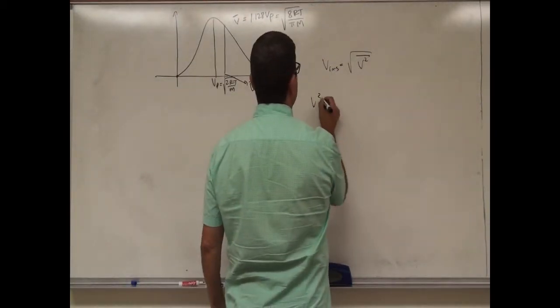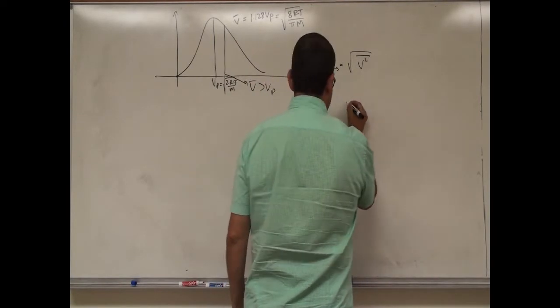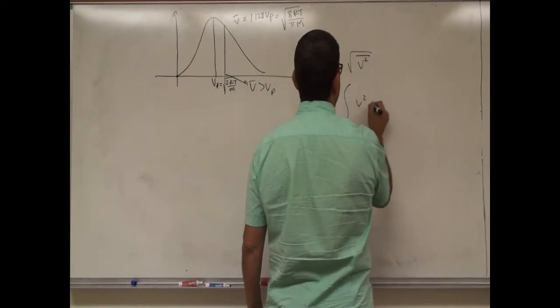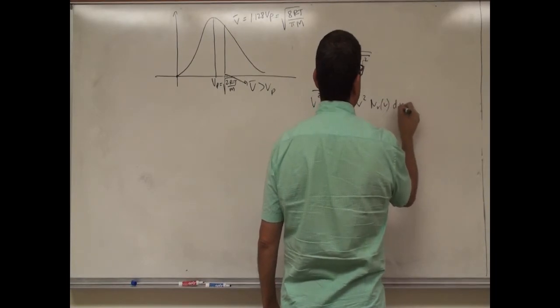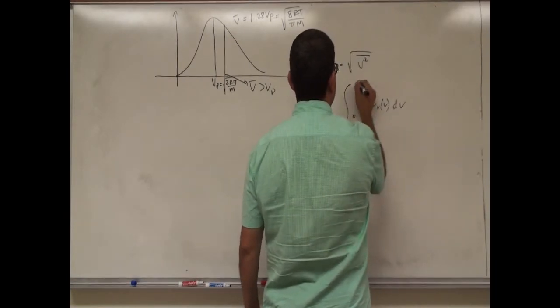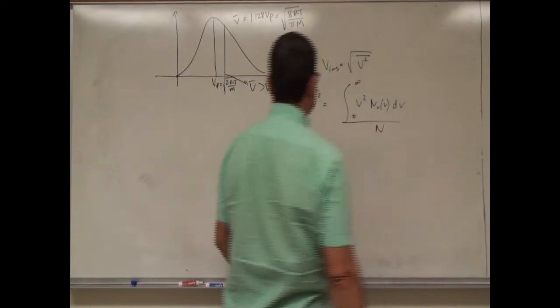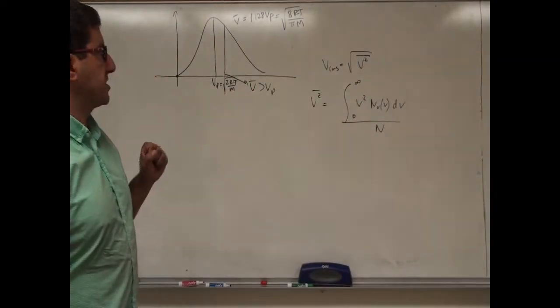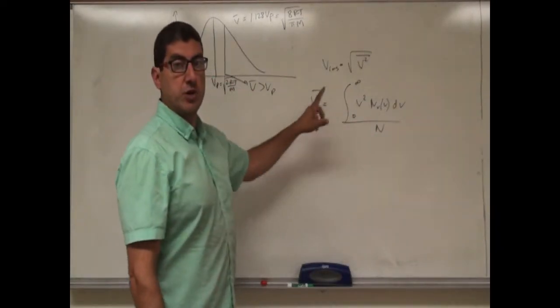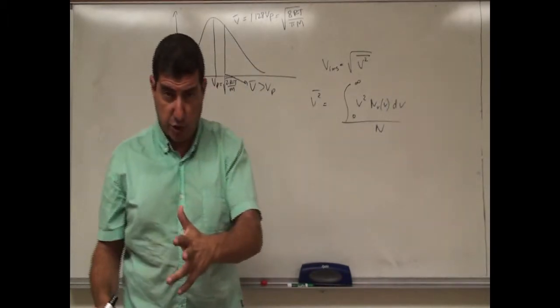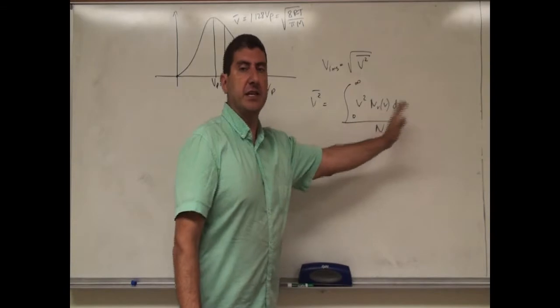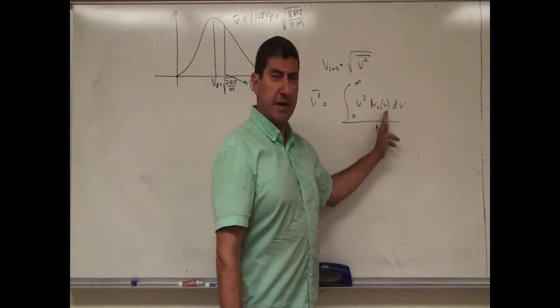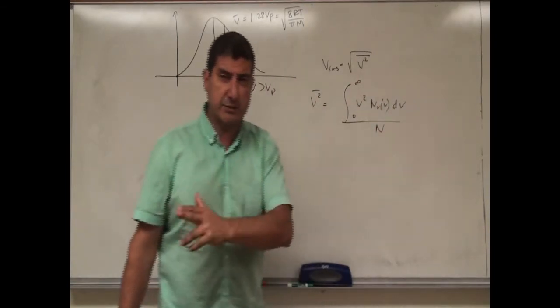V squared average is going to be, so then you're going to do here integral 0 to infinity V squared N V dV, divided by N, right? This is the average of all the speed squares. So you're taking the speed of every molecule, you're squaring it, right? Then you're multiplying it by how many particles are moving at that speed, right?